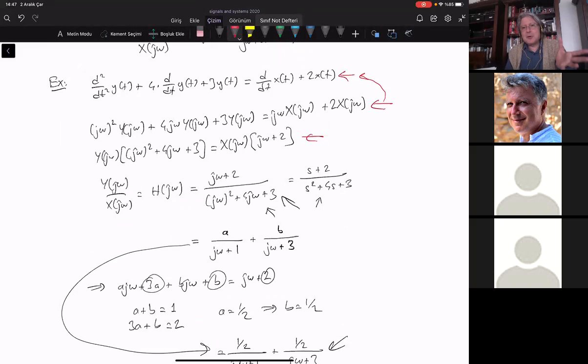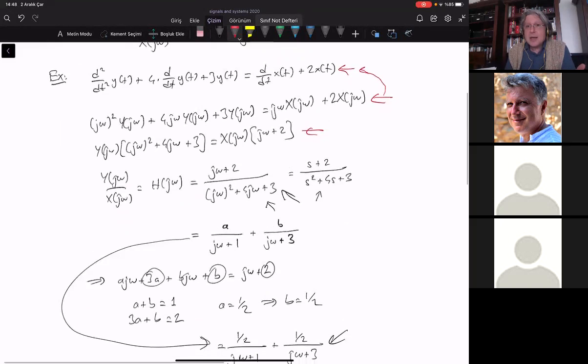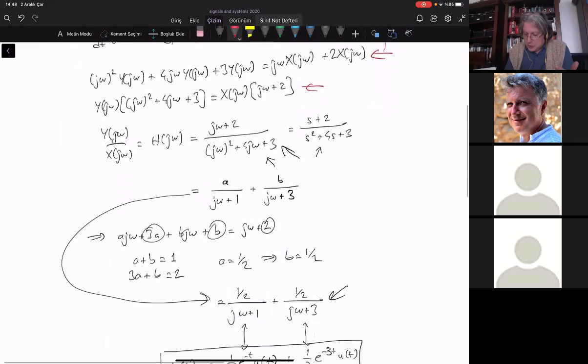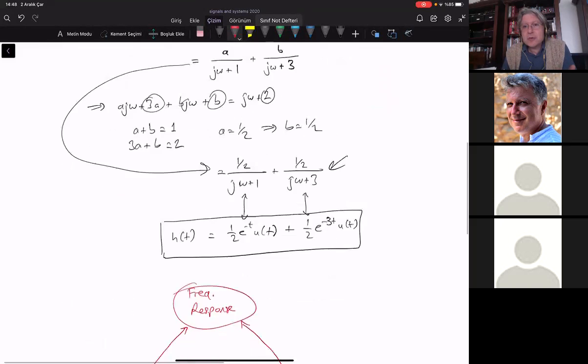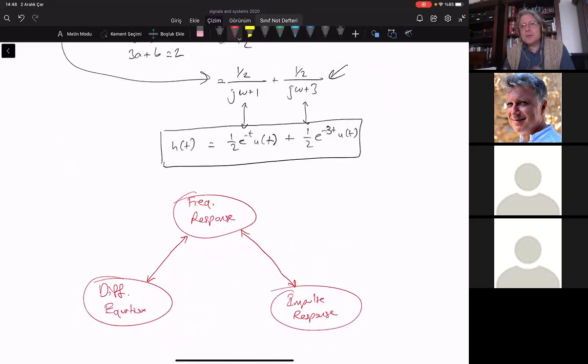So I can give you the frequency response and ask you the differential equation of the linear and time invariant system. But a better question would be to give you the impulse response h of t and ask the differential equation. Then what you have to do is just go all the way backwards. From h of t, first you find h of j omega.